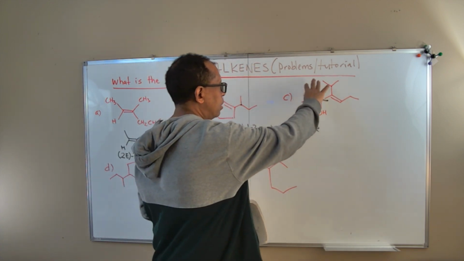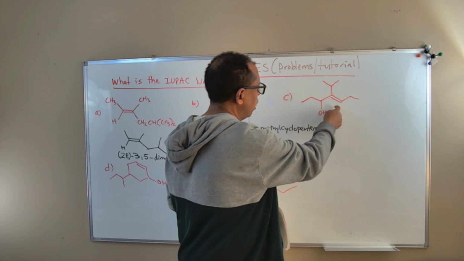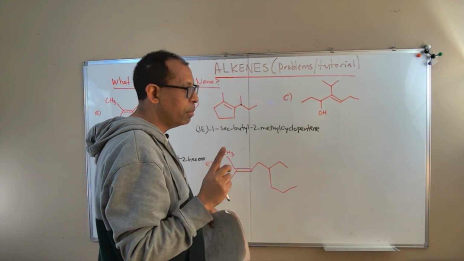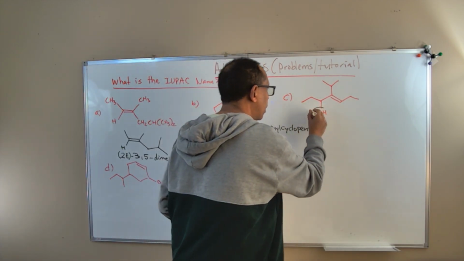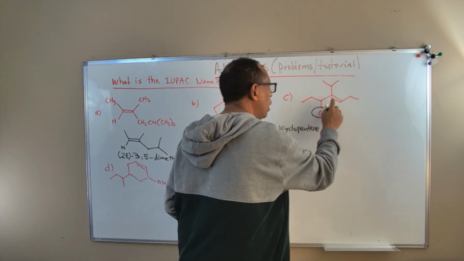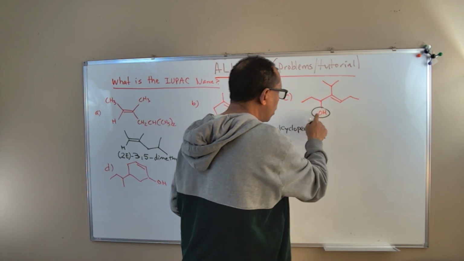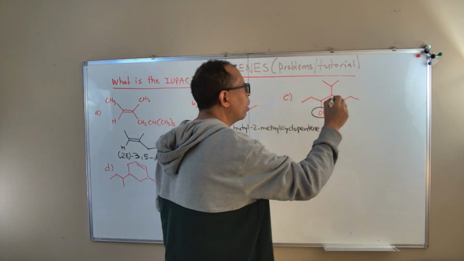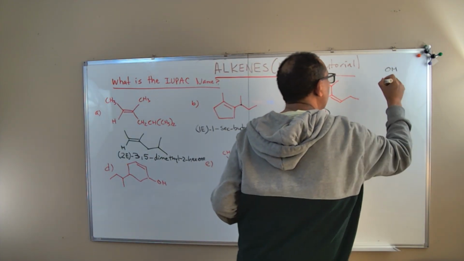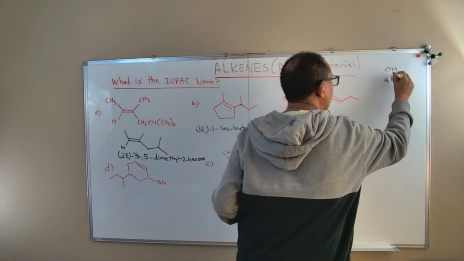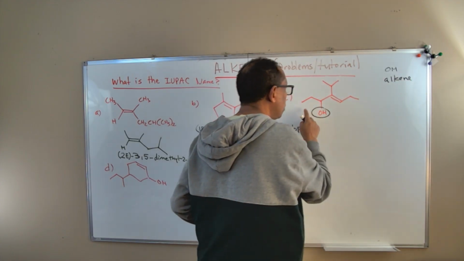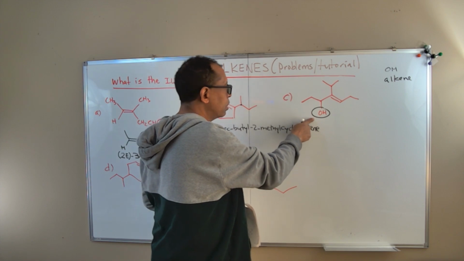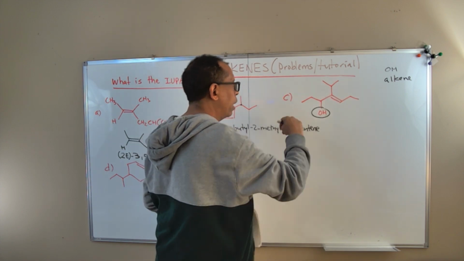If you just look at this, the longest chain that includes the alkene should be included. But importantly now, you should remember the priority between an alcohol and an alkene. An alcohol takes precedence. Remember, alcohol becomes top, then the alkene. Therefore, we should always include the chain where the alcohol is included first, and also the alkene.